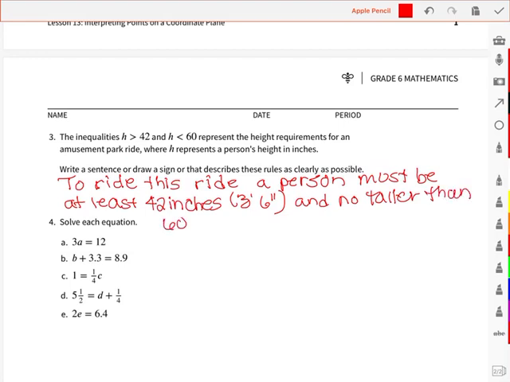Let's say 60 inches, and then in parentheses 5 feet. Something like that. Okay.